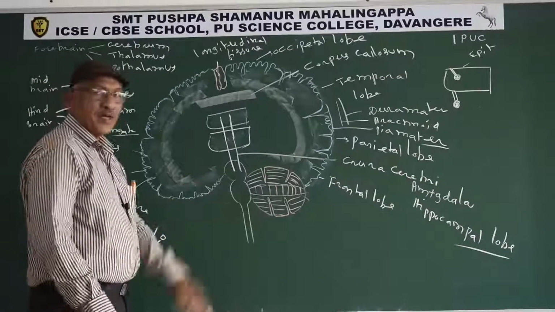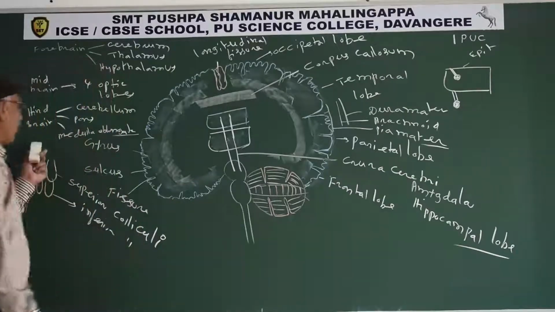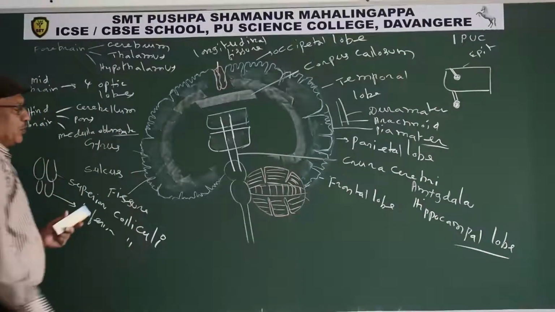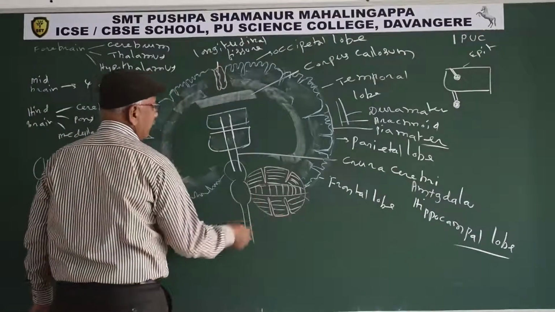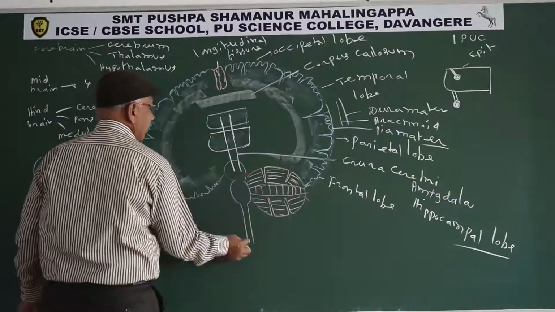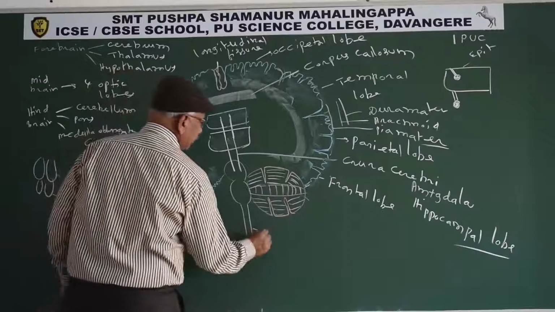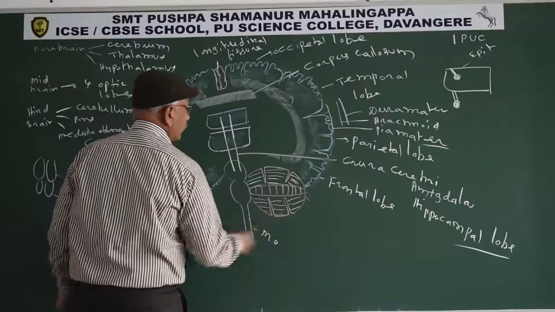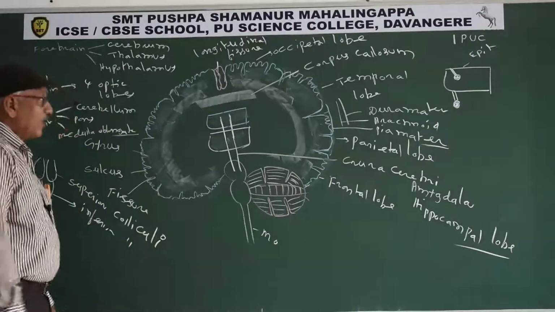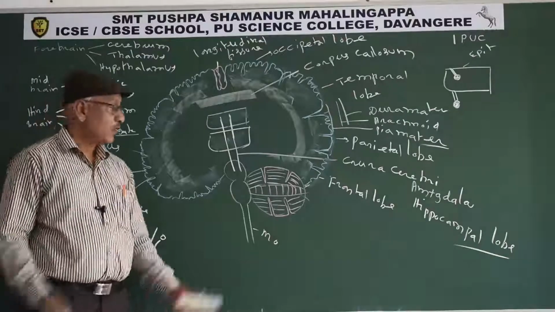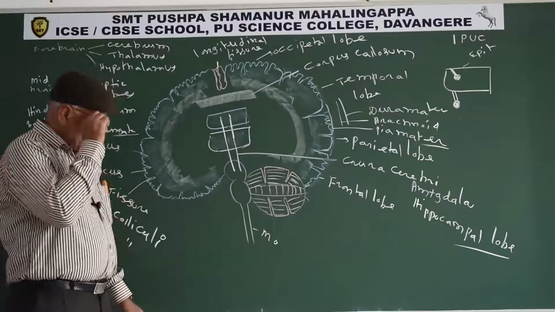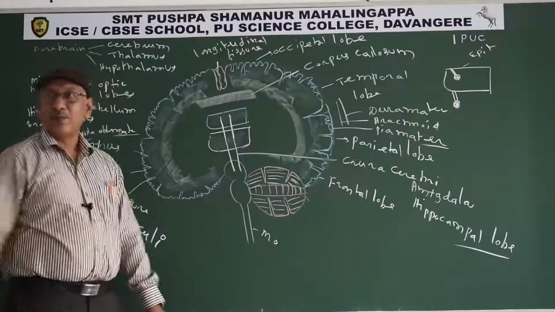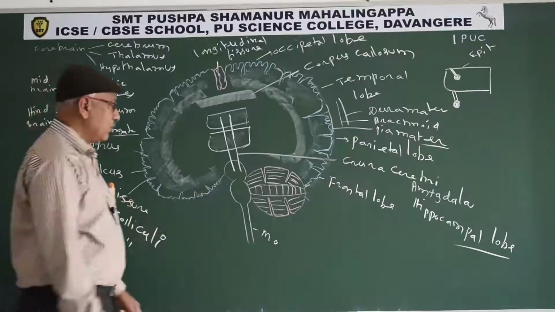Next one is hindbrain. Hindbrain is also known as rhombencephalon, divisible into three parts: cerebellum, pons varolii, medulla oblongata. Cerebellum is the second largest part of the brain, so it is also known as the small brain. Cerebellum maintains the balance. Cerebellum has three lobes.